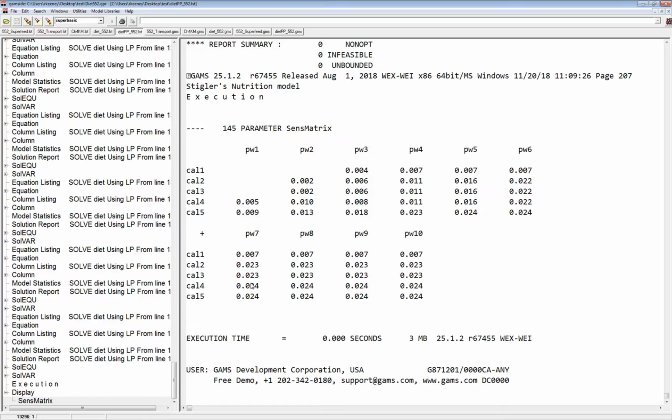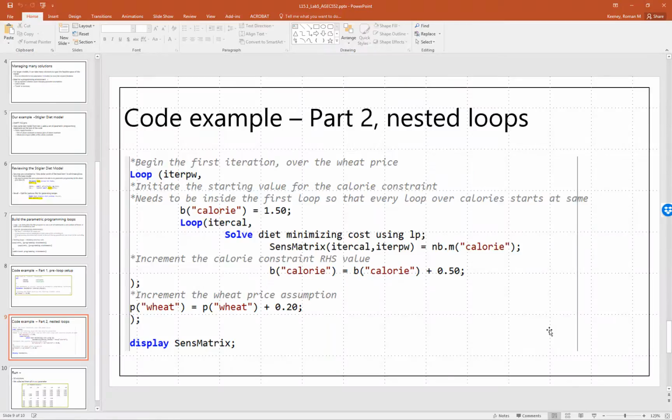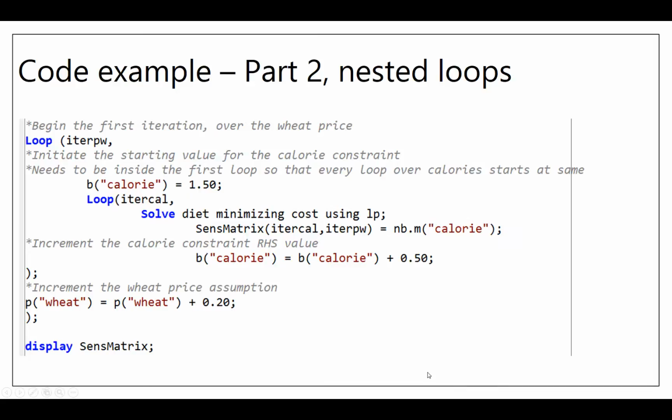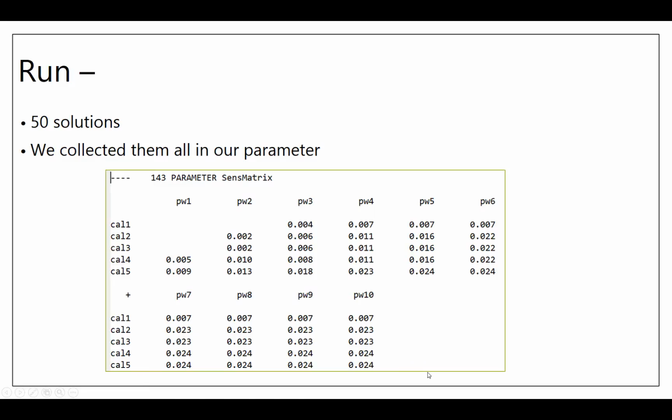And so, that has implications for the dependency of wheat demand by the consumer on its ability to supply calories, because if it was more efficient at providing calories, it might survive longer in this solution, even at the higher prices. So that's really what we've been after here, getting some of this parametric programming type analysis out of what we've done.